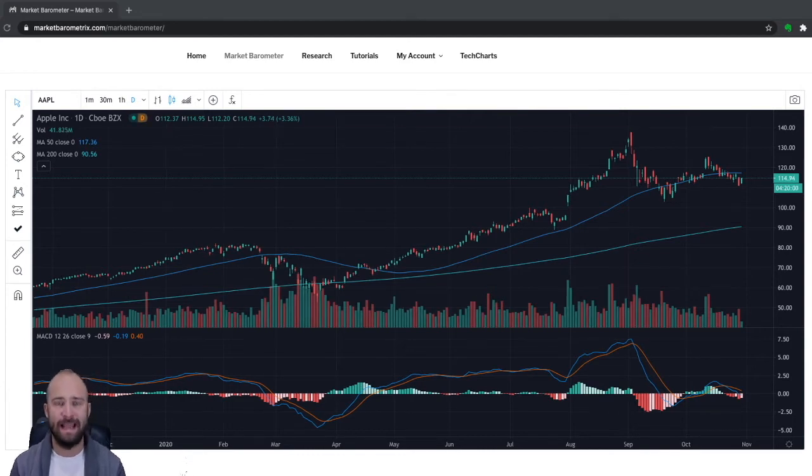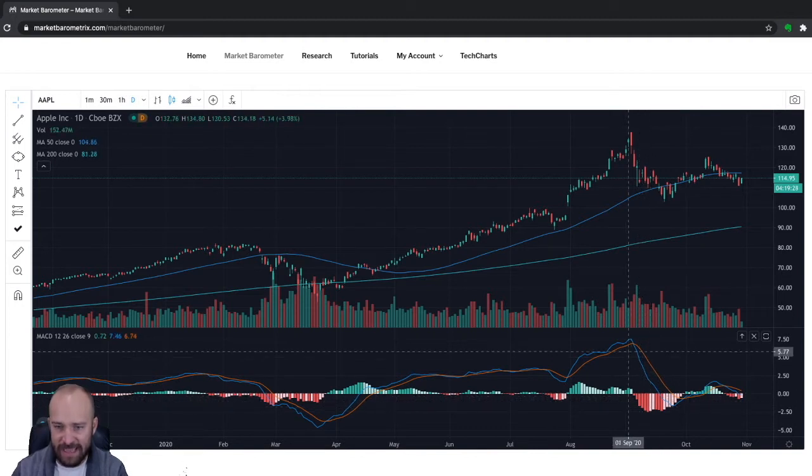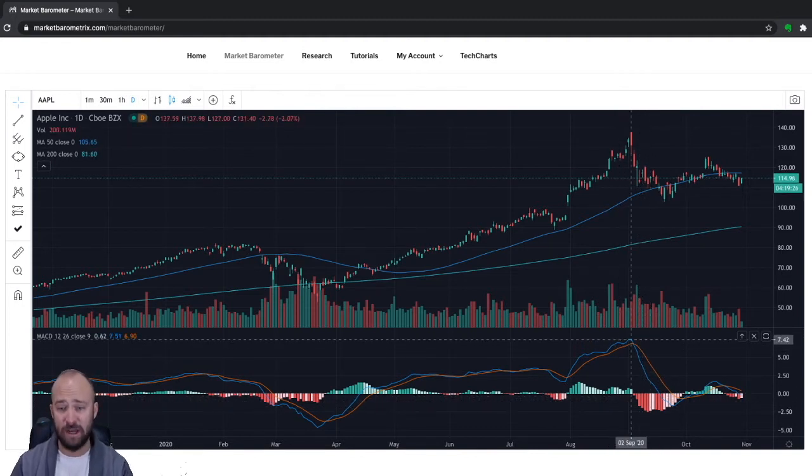Alright, so what's the MACD telling us? Well, first and foremost, what's jumping out to me about what I'm seeing on the MACD right now is this same coiling, right? So MACD was extremely positive up here in early September and took a nosedive right along price through September. And then you can see the histogram turns negative, meaning that the MACD line crossed below the signal line.